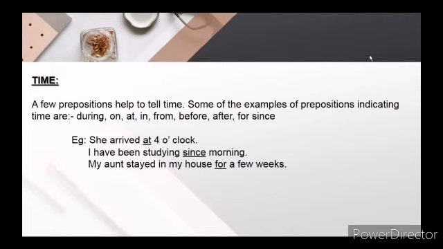For example, you can see she arrived at 4 o'clock. So, at is used to show a specific time. She arrived at sunset. So, at is used to show some specific time.